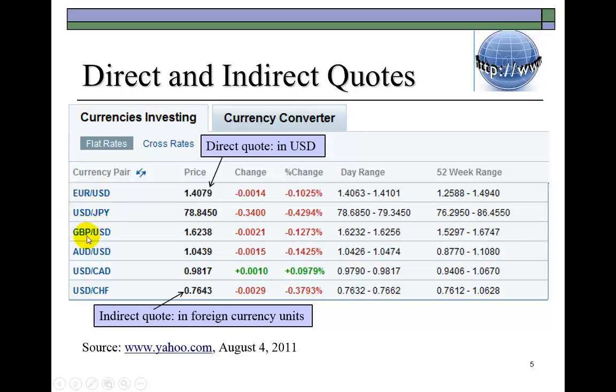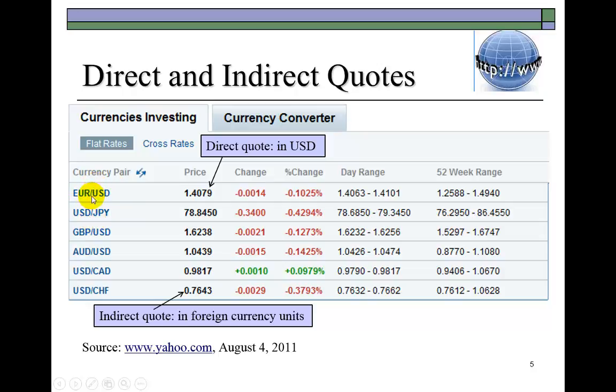JPY is Japanese yen, GBP is Great British Pound Sterling, AUD is Australian dollar, CAD is Canadian dollar, and CHF is Swiss franc. And this forward slash that you see here is actually not a division sign in this case.